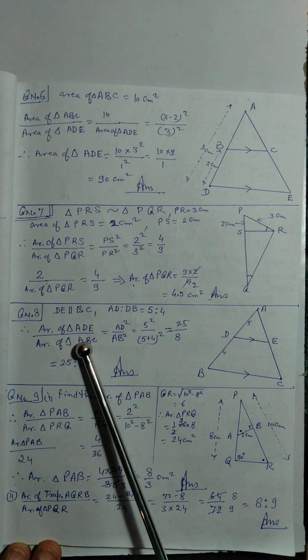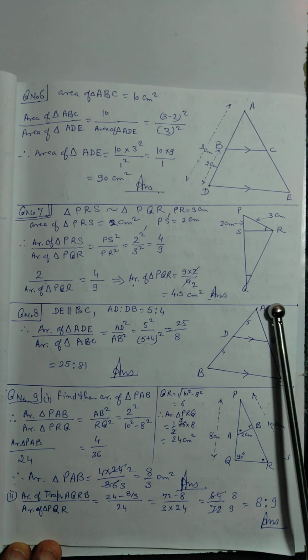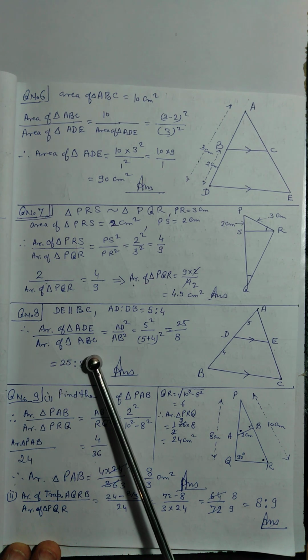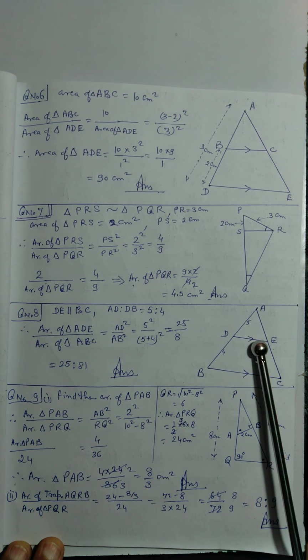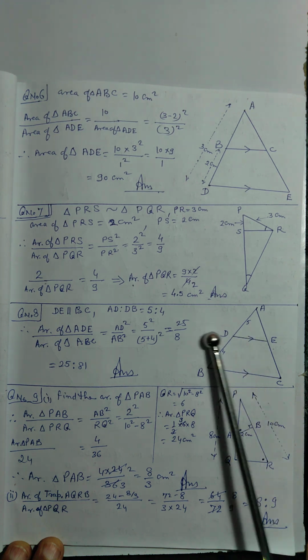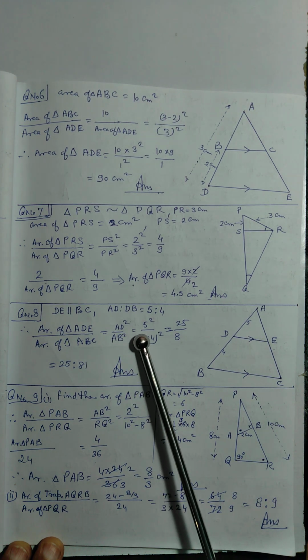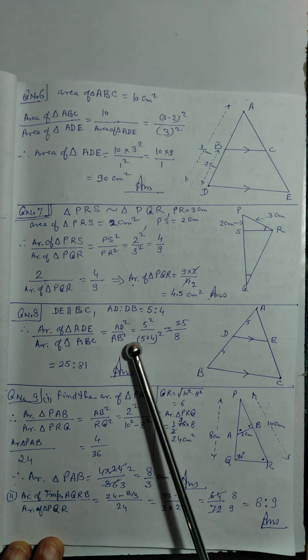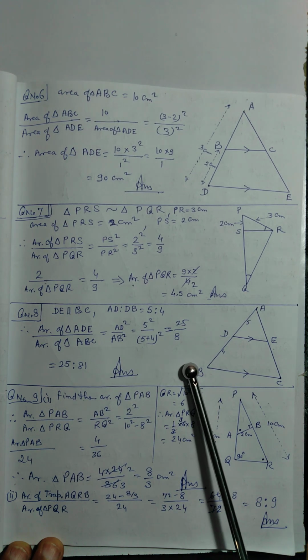So area of the triangle ADE upon area of the triangle ABC will be the square of the corresponding sides. So AD square upon AB square.